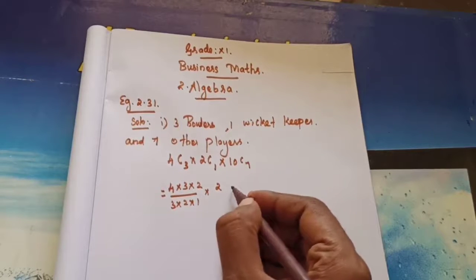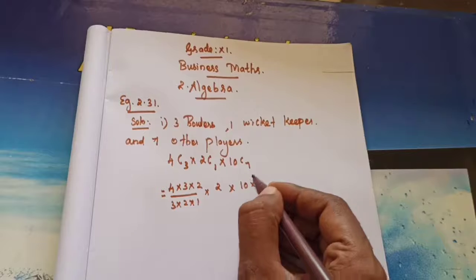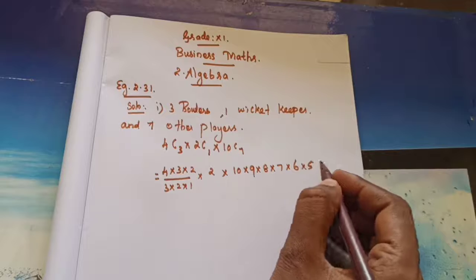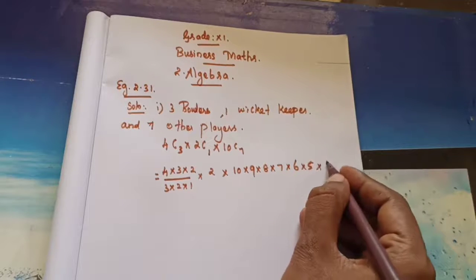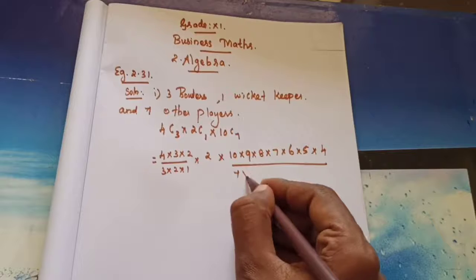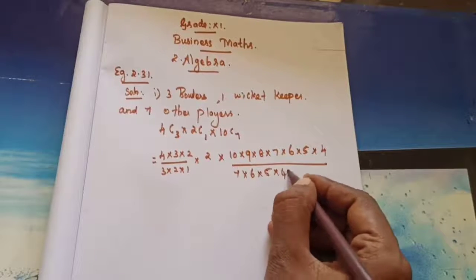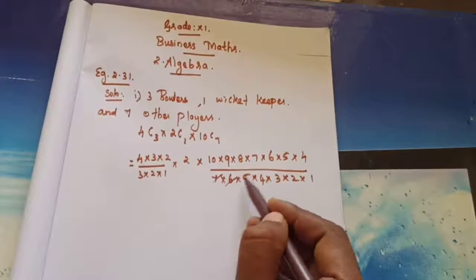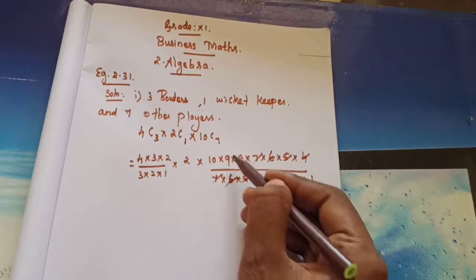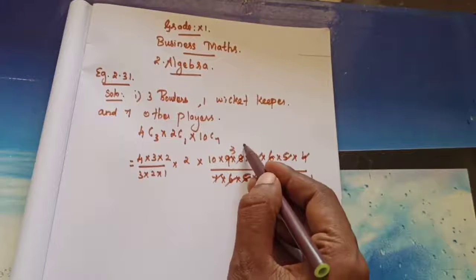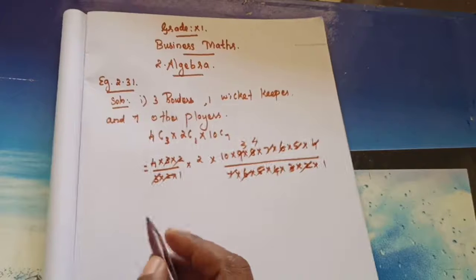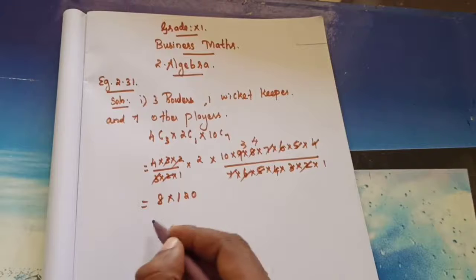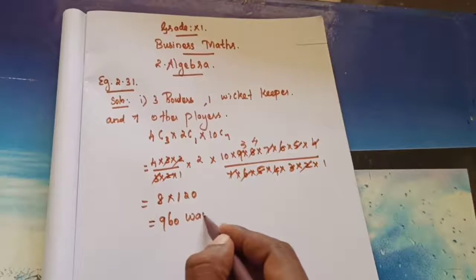So into 10C7, which means 10 into 9 into 8 into 7 into 6 into 5 into 4 over 7 into 6 into 5 into 4 into 3 into 2 into 1. So 7, 6, 5, 4 and 7, 6, 5, 4 will get cancelled. Again this one will get cancelled. So what's the balance? 4 into 2 is 8. 10 into 3 is 30. 30 into 4 is 120. So if you multiply, you will get 960 ways.